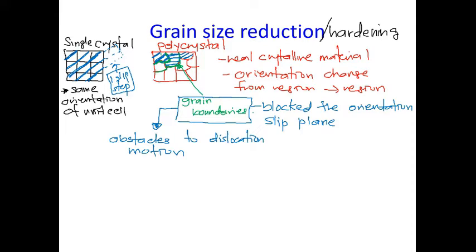Okay, and then we look at two types of polycrystals. Try to look at these two types of polycrystals. We have one polycrystal, and this is the unit cell, so it still has grain boundaries here.